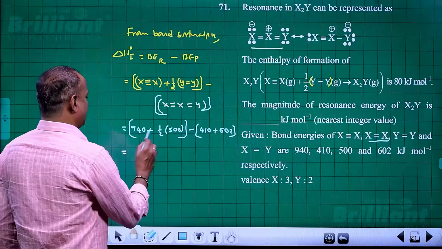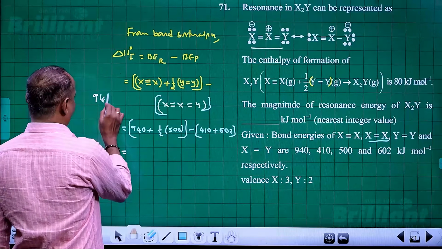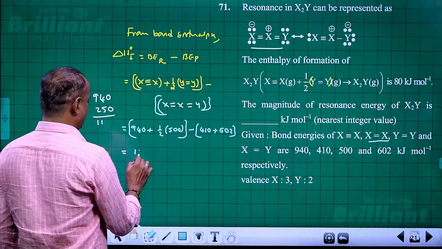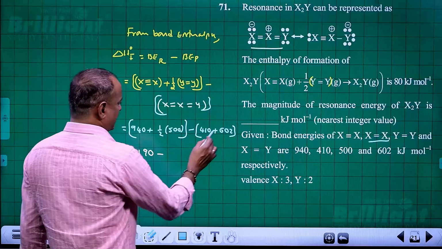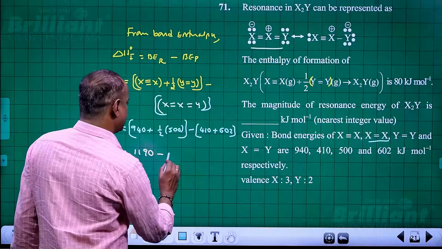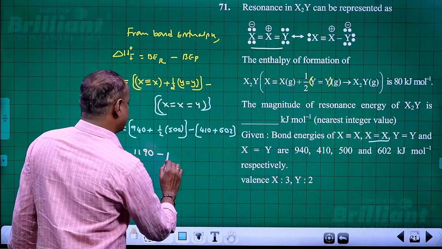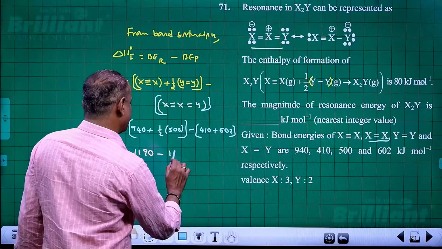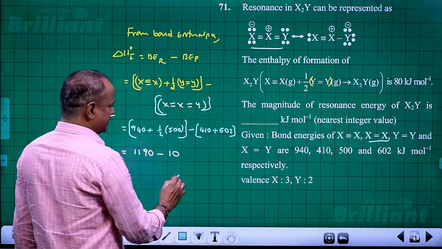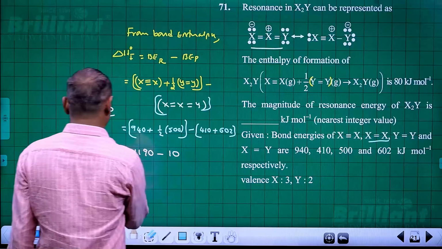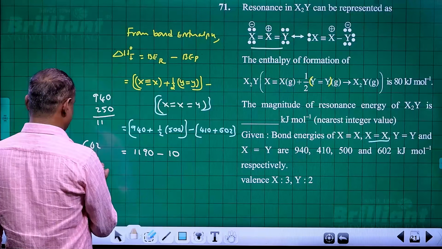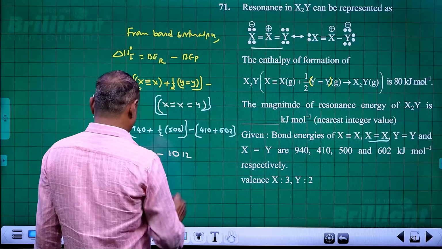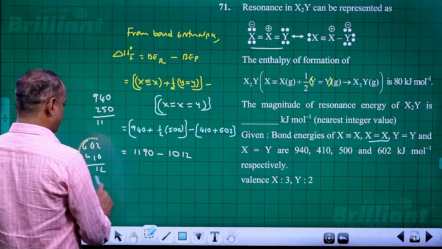So 250 plus 940, 1190, minus 602 plus 410, 1012.